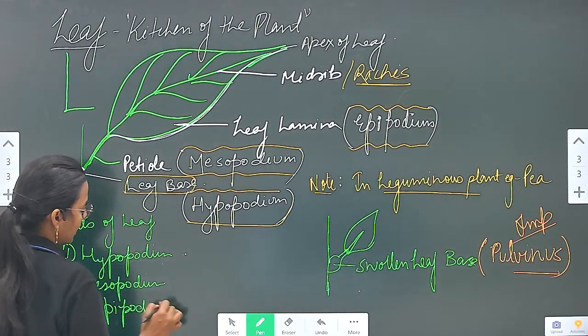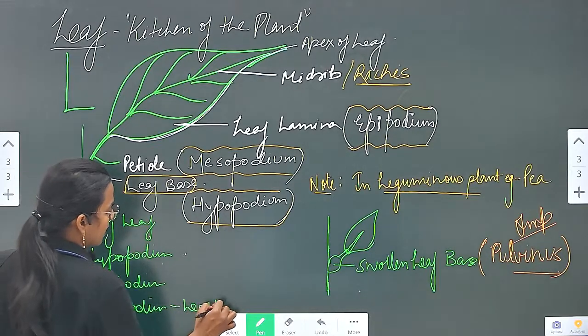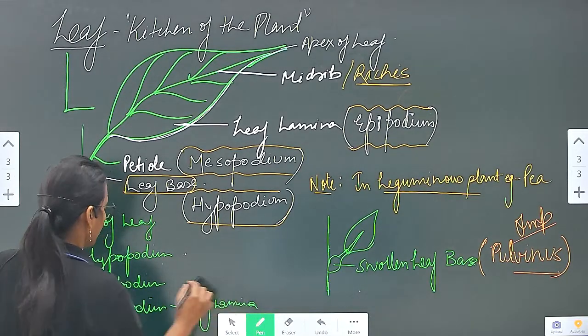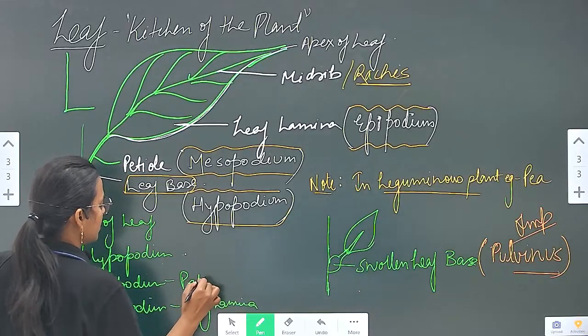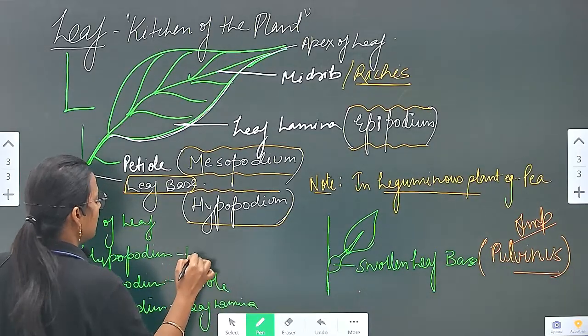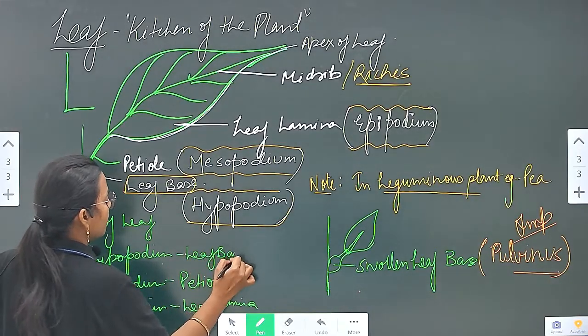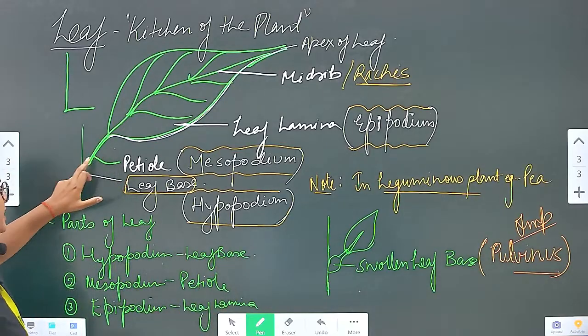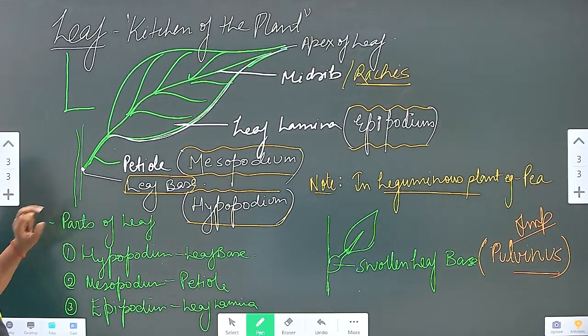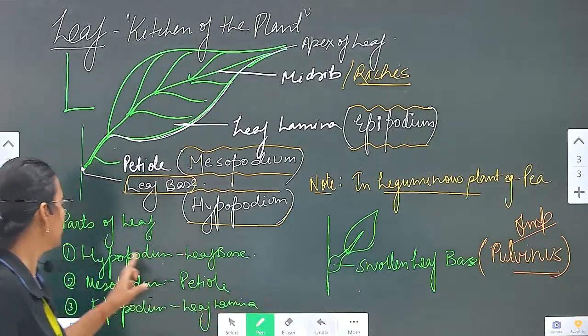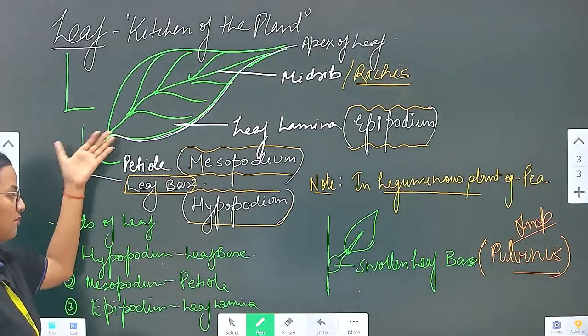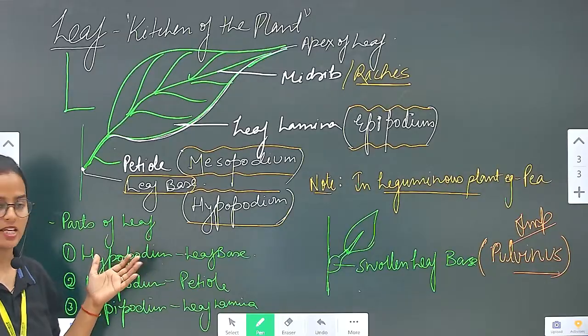Epipodium is what? The leaf lamina. Hypopodium is the leaf base from where the leaf gets attached to the main stem. Is that clear?